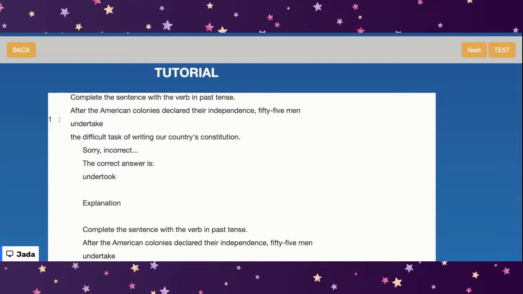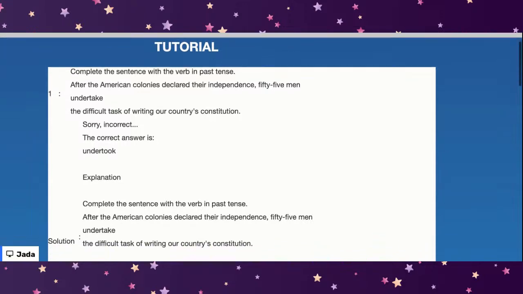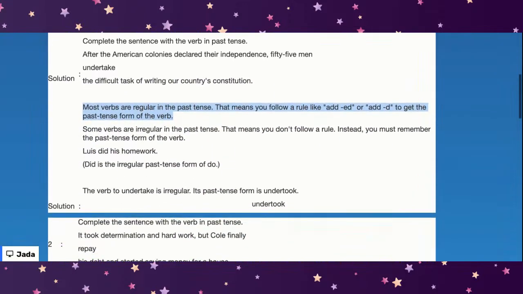So if you look at the sentence, it says undertake. So you have to put undertake in the past tense form. And what is undertake? You cannot say undertake with ed, okay? You cannot add ed to undertake, so it has to be undertook.